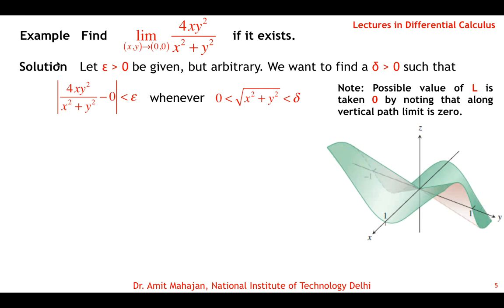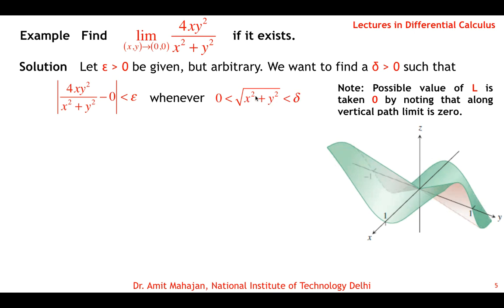So by definition we have to prove that for epsilon positive given arbitrarily, we have to find a delta positive such that the modulus of the function minus the limit, and the limit is 0, we have checked by one path, is less than epsilon whenever 0 is less than root of x square plus y square less than delta.